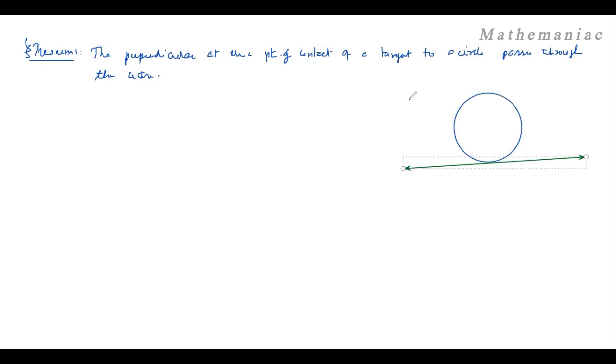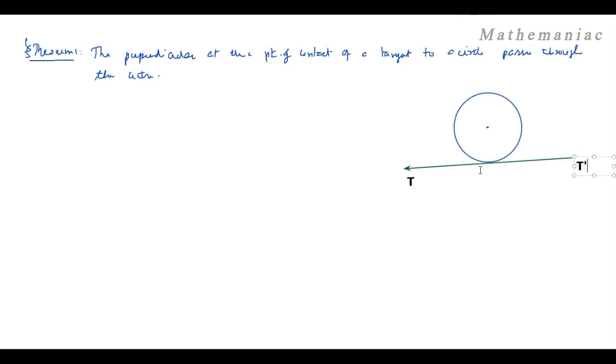And now here I first name the center as well as the point of contact, and distance we name it first. Suppose the tangent you consider is TT dash.